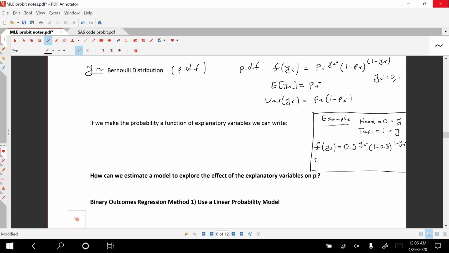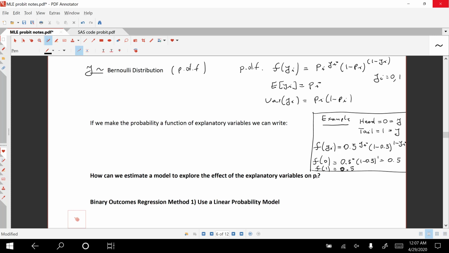If we want to calculate the value of the probability density function for y equal to 0, that should be equal to 0.5 to the 0 times 1 minus 0.5 to the 1, and that should give us 0.5. And following the same logic, it can be shown that the value of the probability density function when y is equal to 1 is also 0.5. Okay?